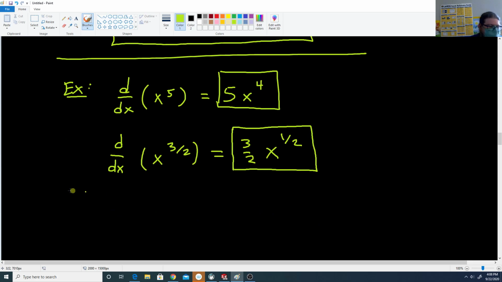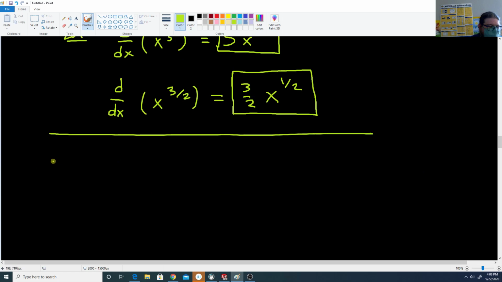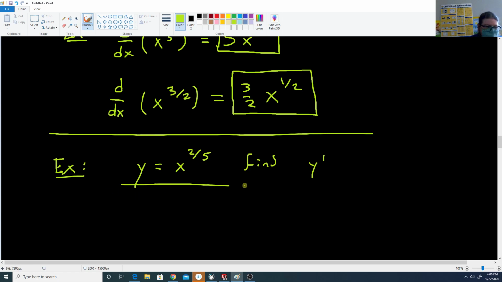Where you see this also is in prime notation, or you can use the prime rule. So let's say we have an example, and let's say that we have y equals x to the 2/5, and we want to find y prime. So we want to find the derivative of x to the 2/5. So by the power rule, y prime will equal, I pull the 2/5 down.